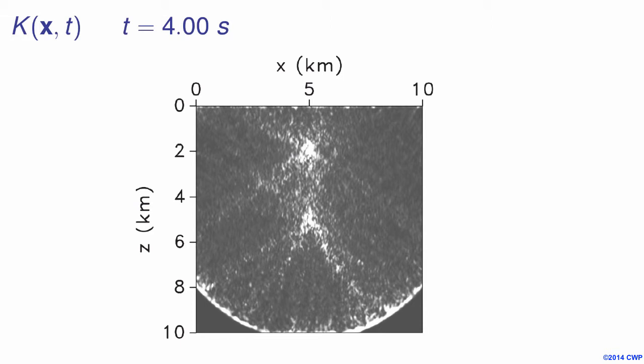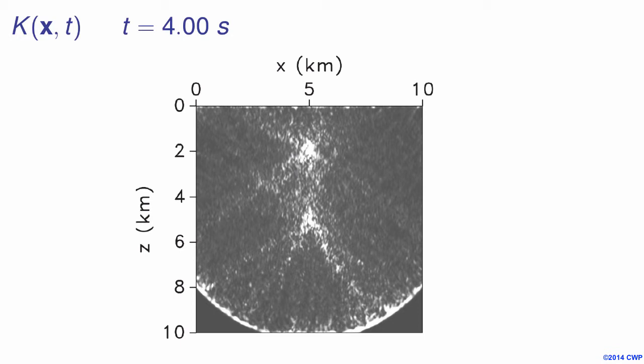At this point, I'd like to point out that our focus is to use this sensitivity kernel to do imaging, to image weak changes within the subsurface. Comparing the different properties of the sensitivity kernel over different times, what you expect is that earlier on in time, because of the spatial broadening of the kernel, you have higher resolution for early travel times and lower resolution for late travel times.